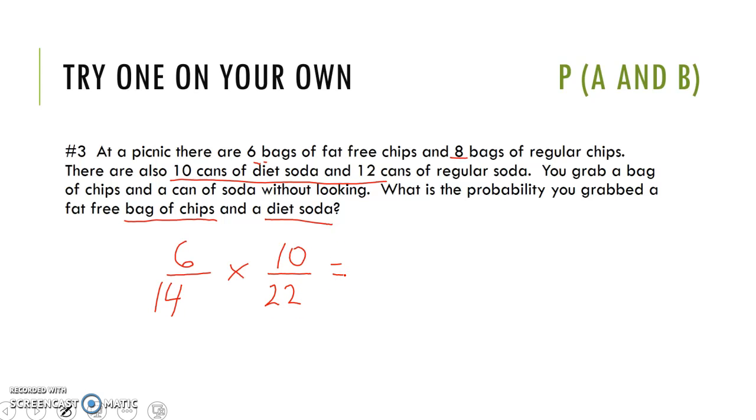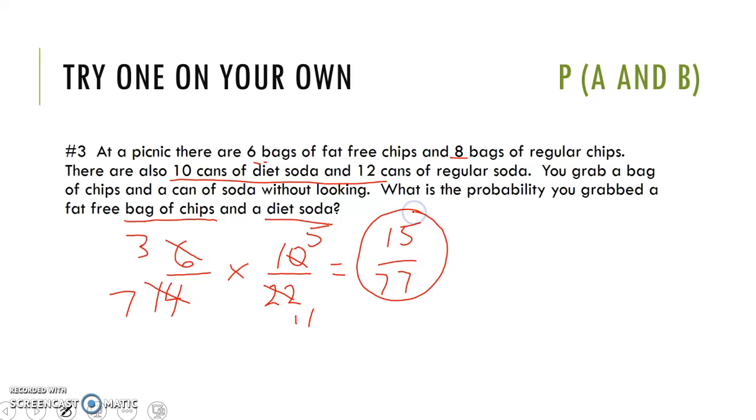One thing that we can do here is cross-cancel things to make it a little bit simpler. For example, 10 and 14 can be reduced to 5 and 7. 6 and 22, if I reduce that, that's 3 and 11. I don't think there's anything else that can cross-cancel here. If I multiply the 3 times the 5, that would be 15, and the 7 times 11 would be 77.